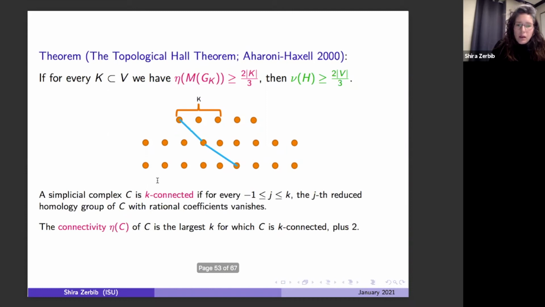So I will not define this eta, and instead I will define some other parameter that we will use in the proof. So let's do that.